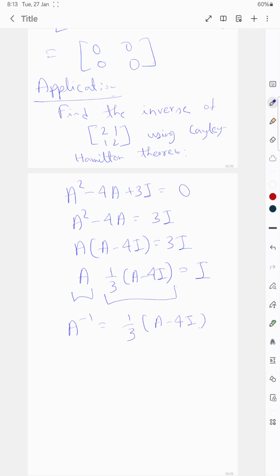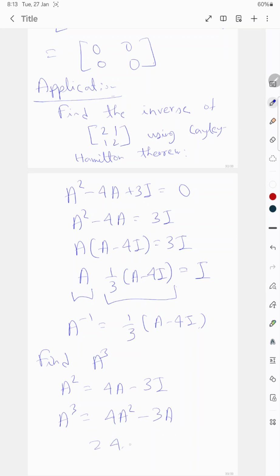Now suppose there is another thing. Suppose they ask to find A cubed, a higher power. You see, already you have found A squared is equal to 4A minus 3I. So if you multiply with A, you have 4A squared minus 3A. What is your 4A squared?